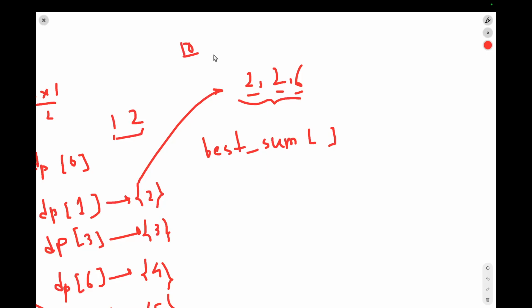Okay, but if we have something like this, 6, and let's say we can form a lesser one than this, like we have 2 and let's say 7. Okay, then 2 plus 7 equals 9.